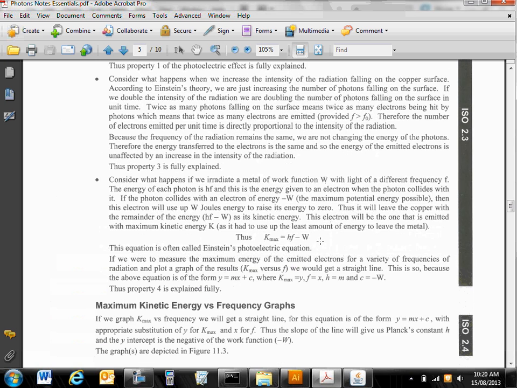Oh, yes, this is the formula we need to go to next.